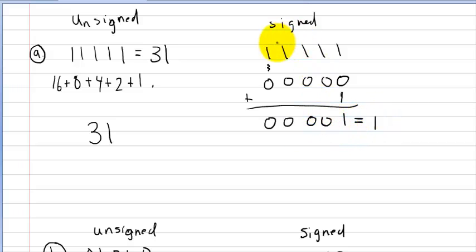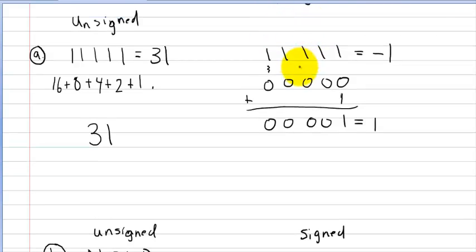Since it was negative to begin with, this number is negative 1. So that's A. Hopefully you got 31 unsigned and negative 1 signed.